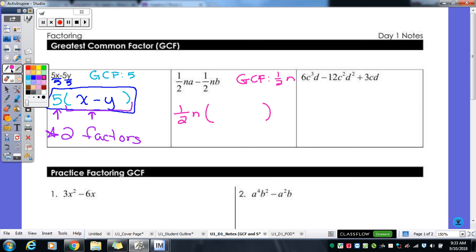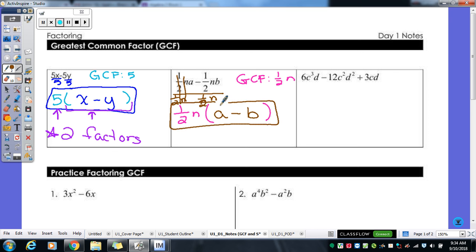And to fill in the parentheses, I divide by 1/2 n. So then the first term, when we divide by the 1/2 n, we're left with an a. Basically, it just gets rid of that 1/2 n. And the second one, what are we left with? A negative b. So 1/2 n times a minus b.